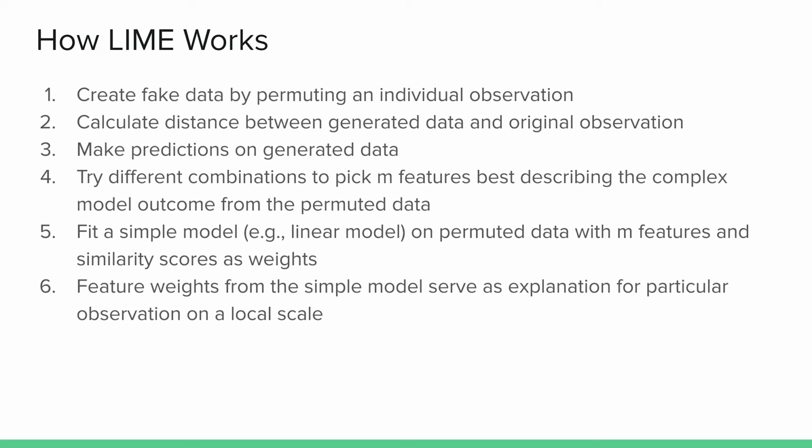Then we take all these fake samples, run them through our model and make predictions. And once we ran our predictions through the model, we can try different combinations to pick m different features that best describe the complex model outcome from that permuted data.